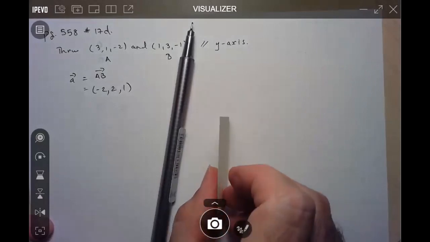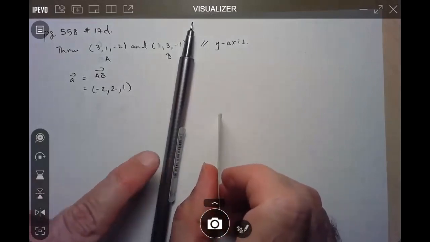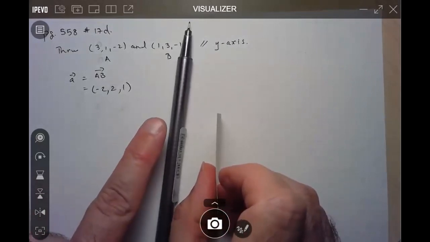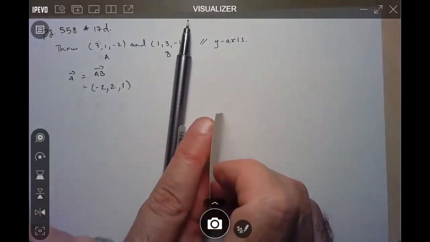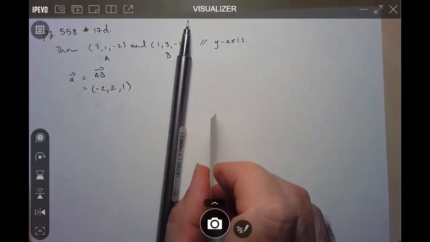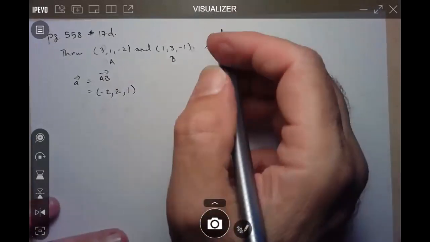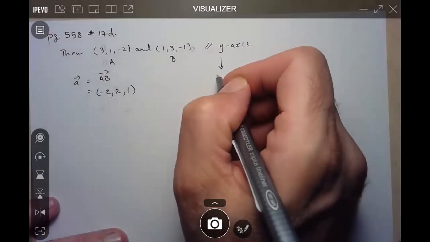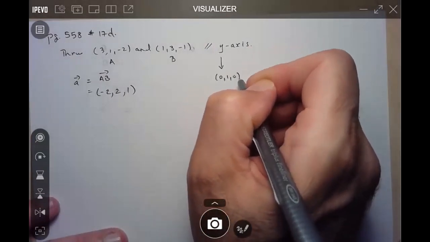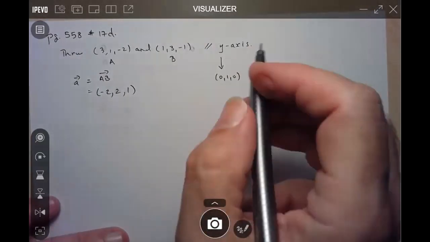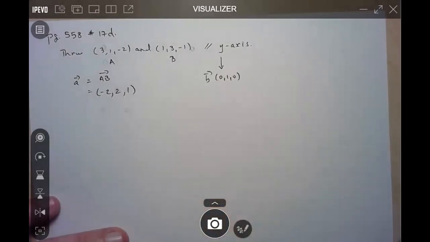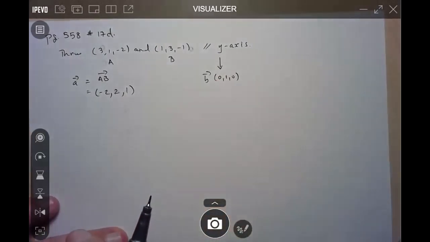If this plane and the y-axis are parallel, any vector on the y-axis will also be parallel to the plane. And of course, the easiest vector that's parallel to the y-axis is 0, 1, 0. This is going to be our second direction vector.